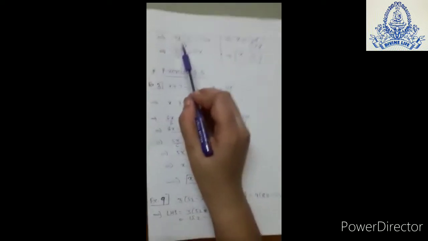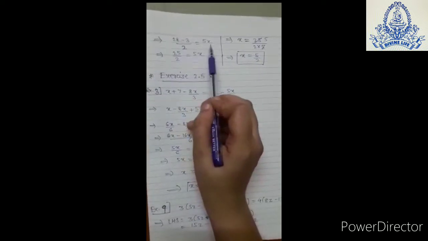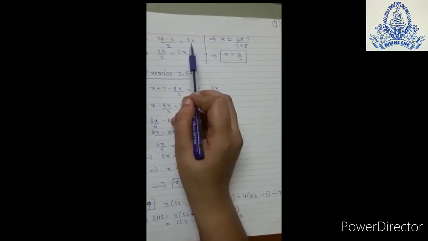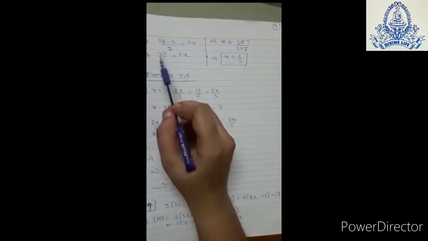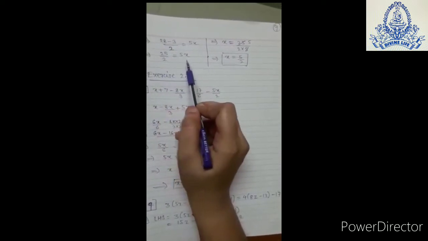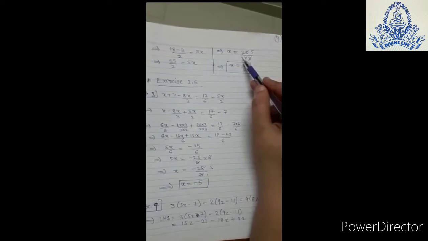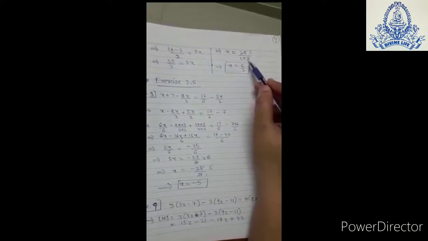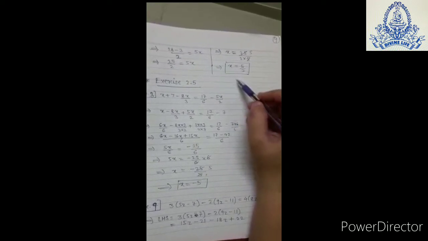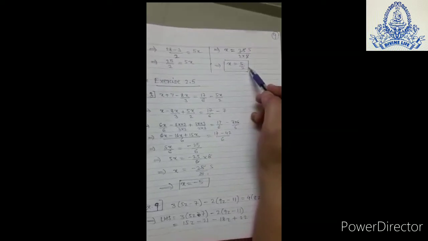Okay. So see, 28 minus 3 upon 2 is equal to 5x. Okay. So 28 minus 3 is 25 upon 2 is equal to 5x. So x is, we will bring this 5 to the denominator. So 25 upon 2 multiplied by 5. 5 ones are 5, 5 fives are 25. So our value of x is 5 upon 2.